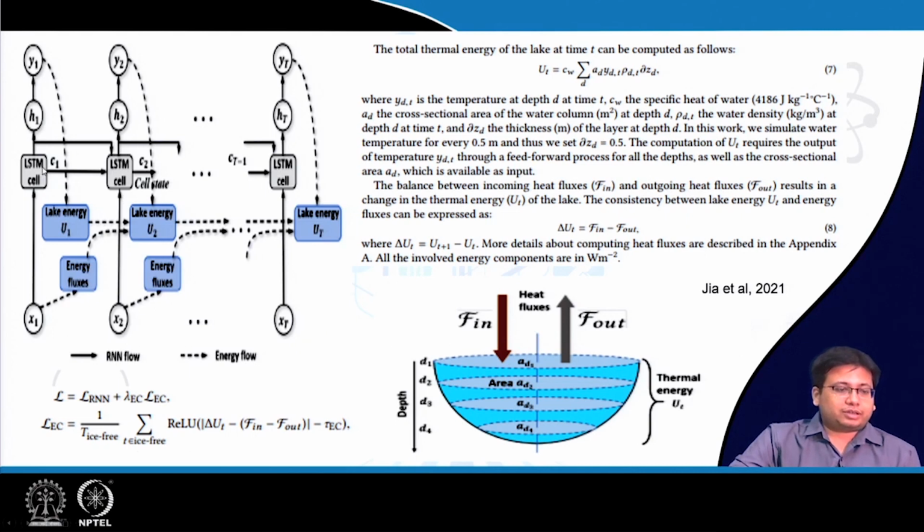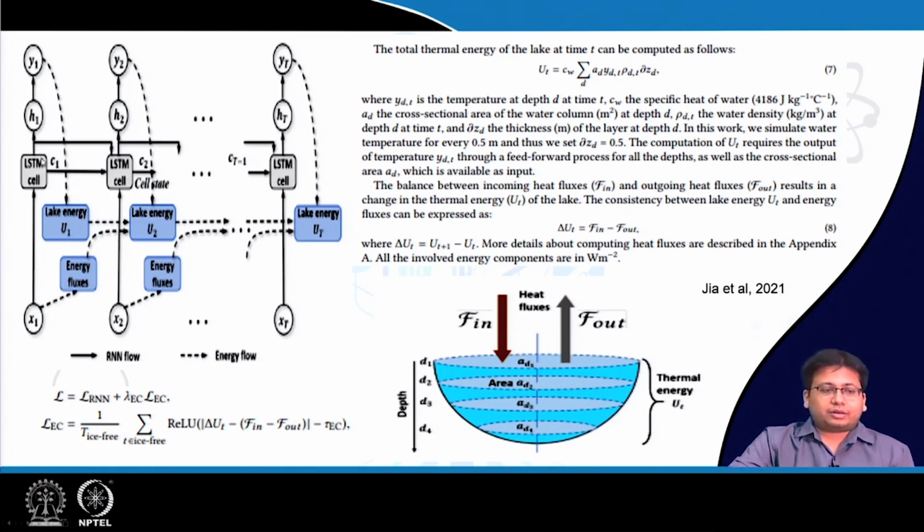As you can see, there are the LSTM cells, which store the hidden variables. The hidden variables in this case are the cell state, the H1, etc. You can consider this to indicate the past values of, I'm sorry, not the total thermal energy, but the temperature profile at any given point.